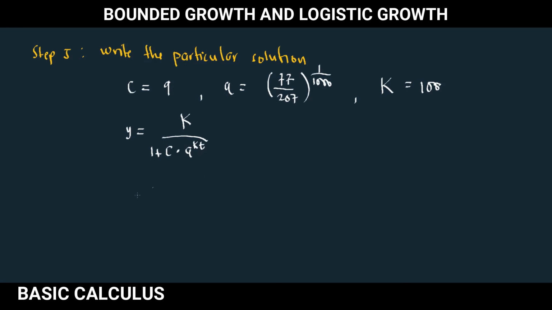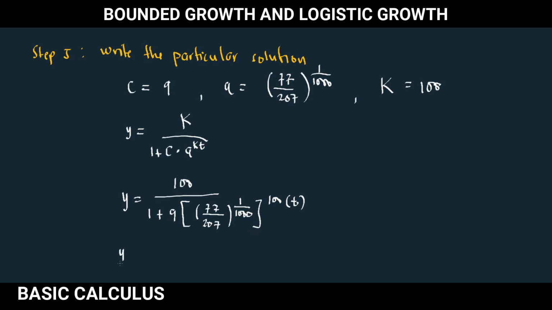So let's plug in the values. We have Y is equal to the value of K, the carrying capacity, 100 over 1 plus C, which is equal to 9, times the value of A, which is equal to 77 over 207 raised to 1 over 1000, and then raised to the value of K, 100, times T. Okay, so let's simplify this one.